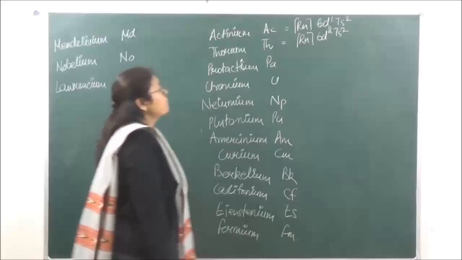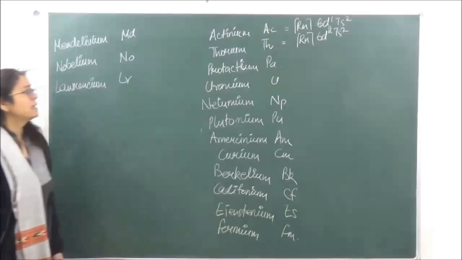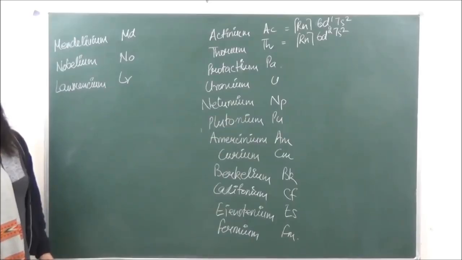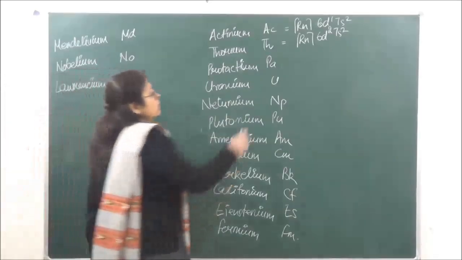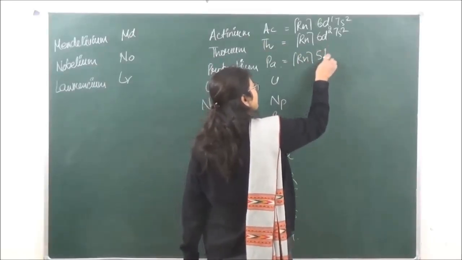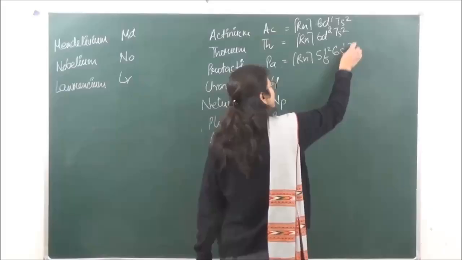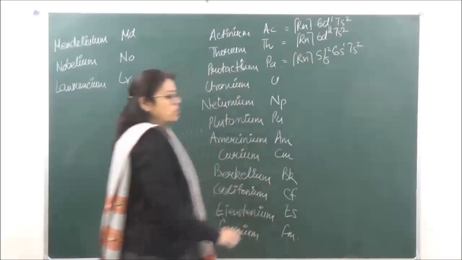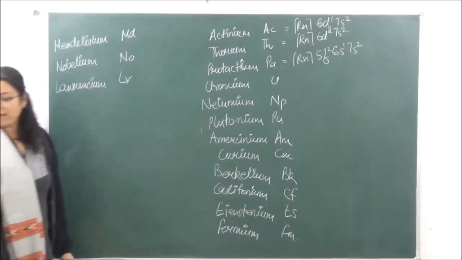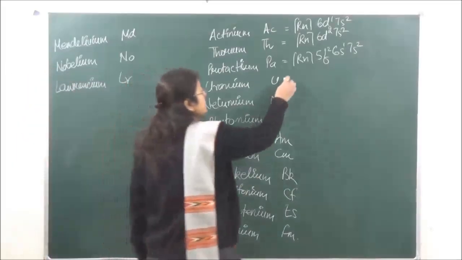So there is no f electron present in this. Then in the next one, protactinium, we are going to have 5f2. So we have radon 5f2, 6d1, 7s2. Right?